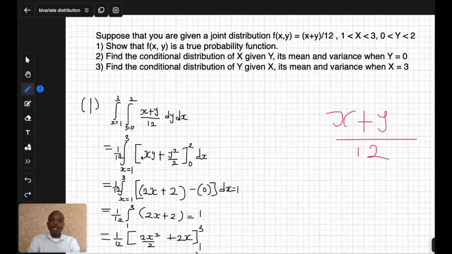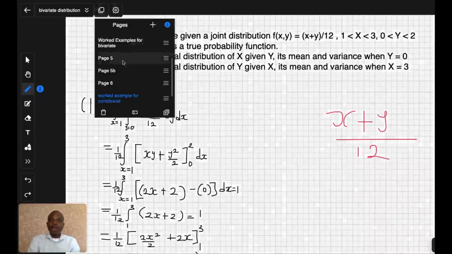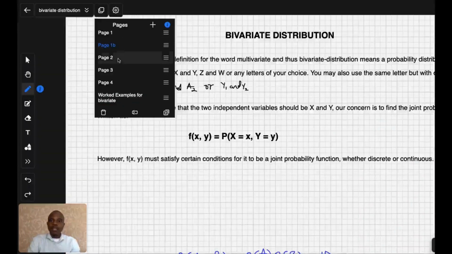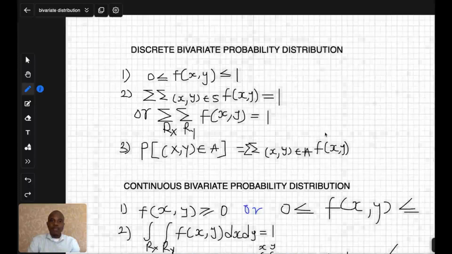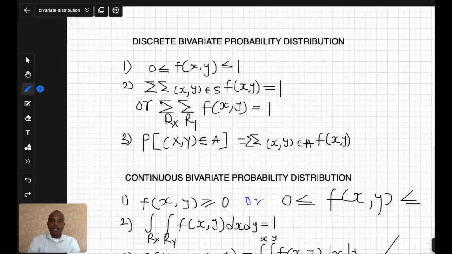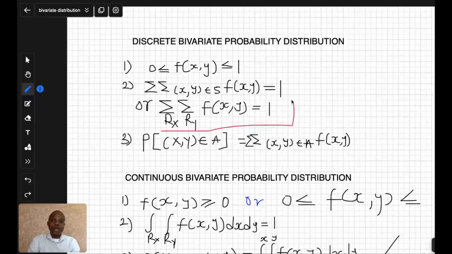We previously stated that one of the properties of a bivariate distribution is that the summation over all the range of x and y should give us 1. It's the same thing, number 1 and number 2 are the same. It's just a matter of how you state it.